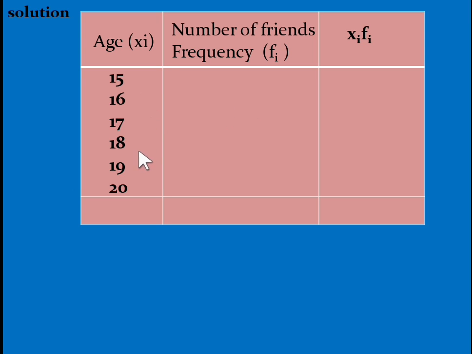Age of my friends are given 15 years, 16 years, 17 years, 18 years, 19 years and 20 years. Frequencies are also given 4, 7, 10, 10, 5, 4.